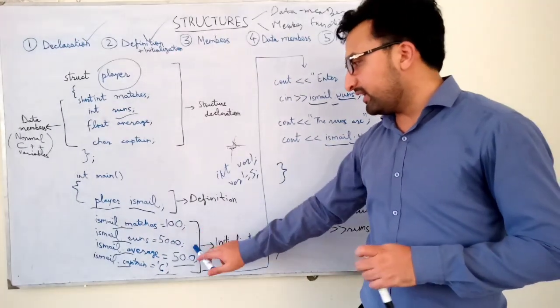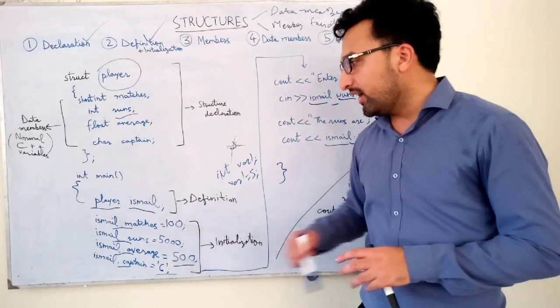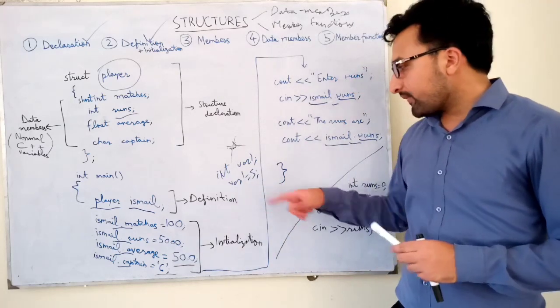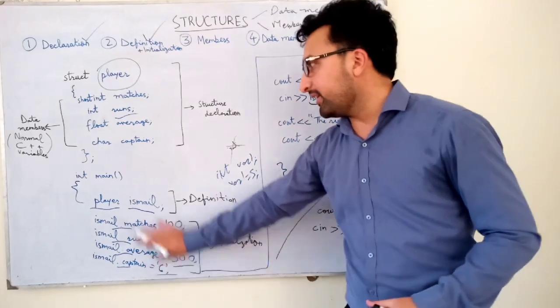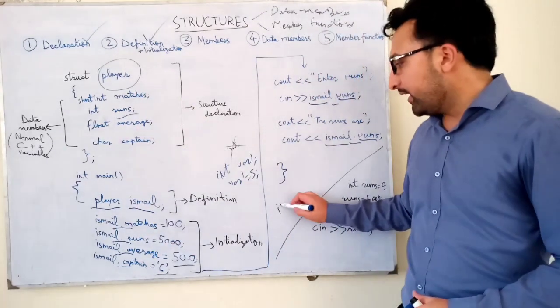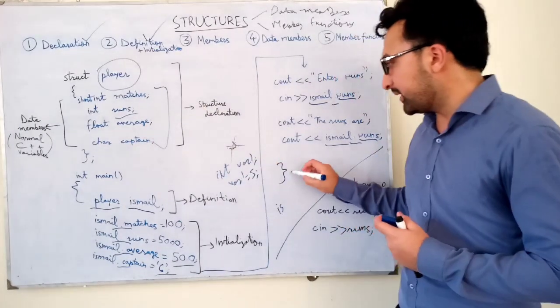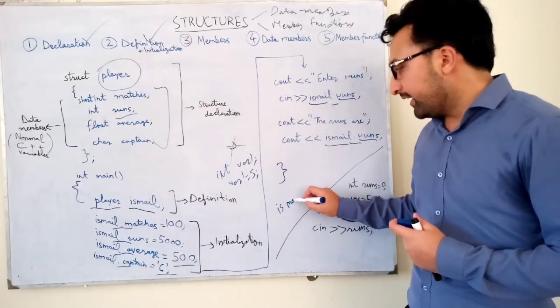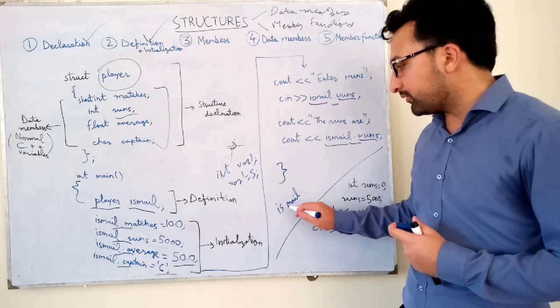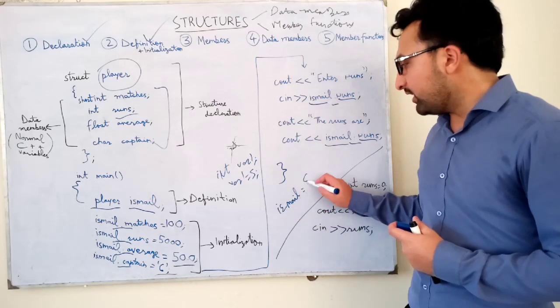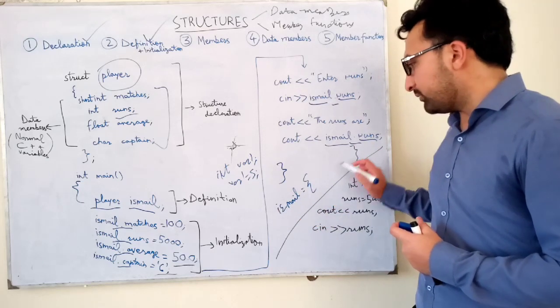Another way in which we can initialize this is that we can initialize the whole structure, all the data members, in the following fashion. For example, we write the name of the instance, and after that we group all the data in this form.